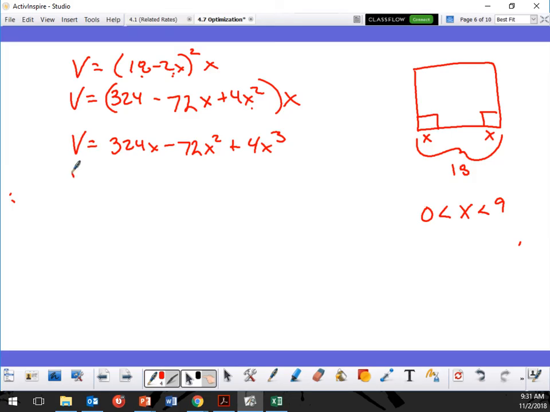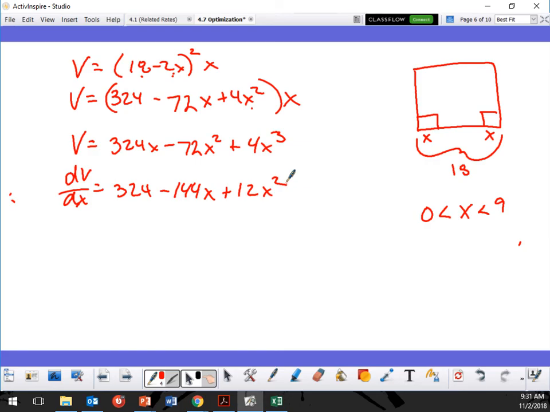Okay, so dV/dx is 324 minus 144x plus 12x squared. Now, can I factor out a 12? Please say yes. Yes.